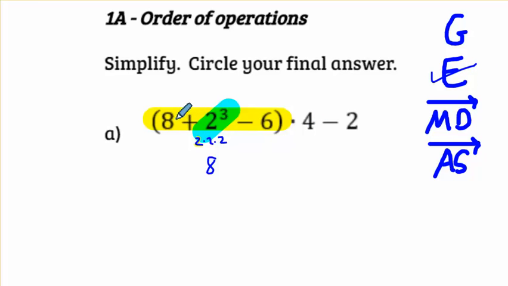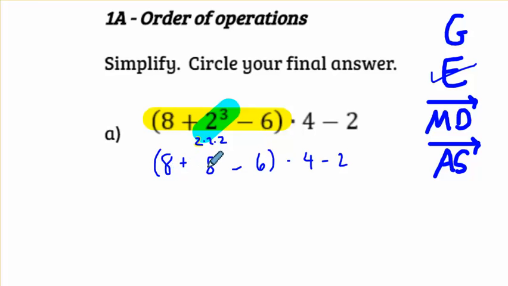Now we look inside this grouping, and we still have the 8, we still have the plus, we still have the minus, and we still have the 6. And then, of course, we have this stuff at the end as well. So now we're inside these parentheses, and we're going to do whatever happens from left to right, since all we've got left is addition and subtraction.